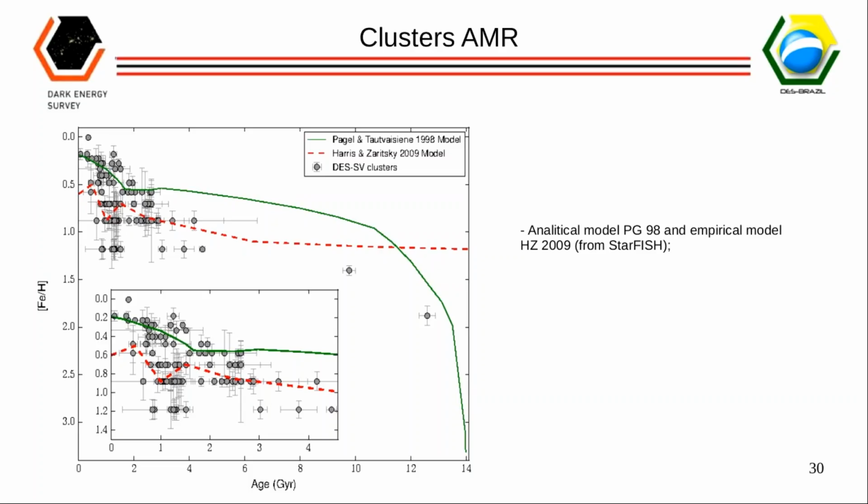We can also note a clear increase in metallicity for the cluster sample in the recent 2 gigayears, compared to the period between 10 and 4 gigayears. Basically, these are our results about the age-metallicity relation.